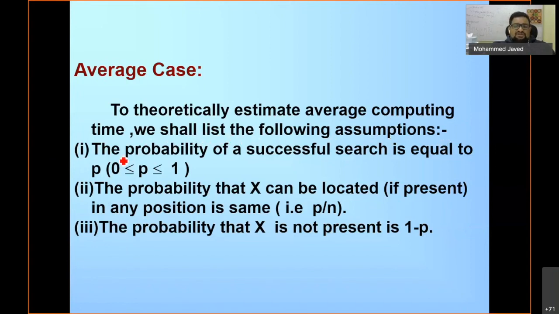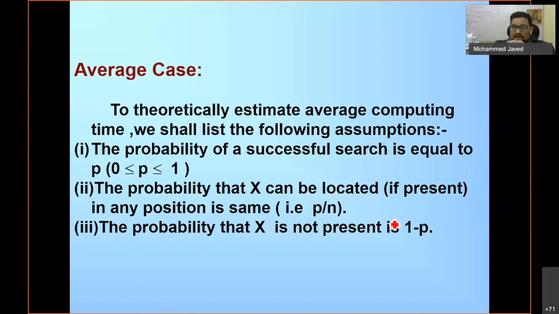The first assumption is that the probability of a successful search is equal to P, where P is greater than or equal to 0 and less than or equal to 1. The probability of finding X at a particular position is P divided by N, and the probability that X is not present is 1 minus P.